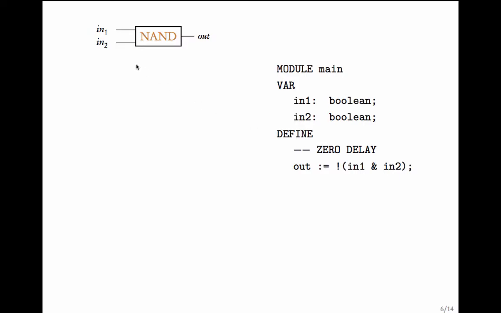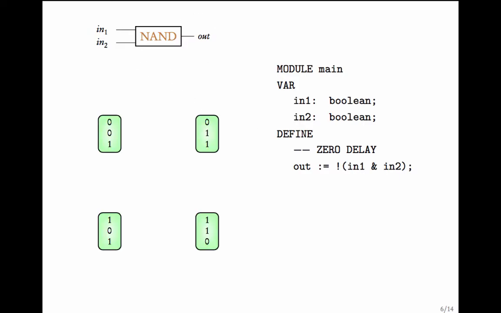What is the transition system representing this circuit? There are 4 states determined by the values of the inputs. And this is in1, this is in2, this is out. Out is NAND of 0, 0, which is 1. Here NAND of 1 and 0.